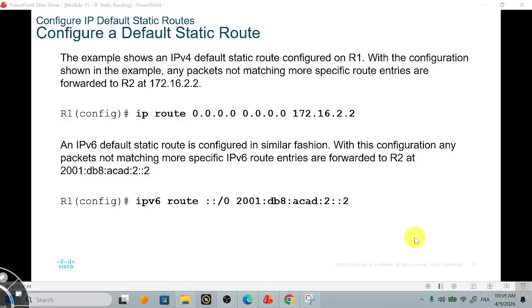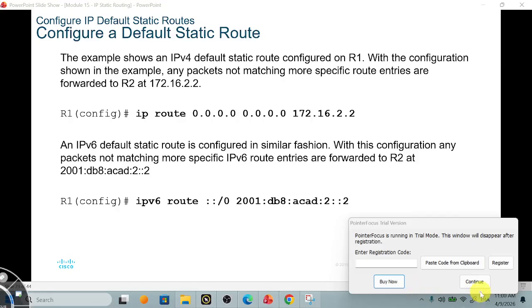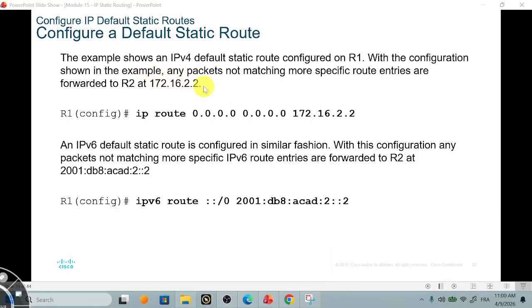Here is the example. The example shows an IP version 4 default static route configured on R1. With the configuration shown in the example, any packet not matching more specific route entries is forwarded to R2 using this address. Yes, that's correct.